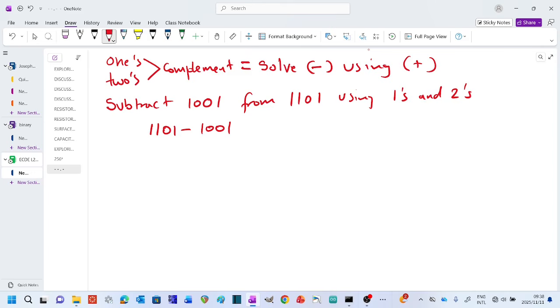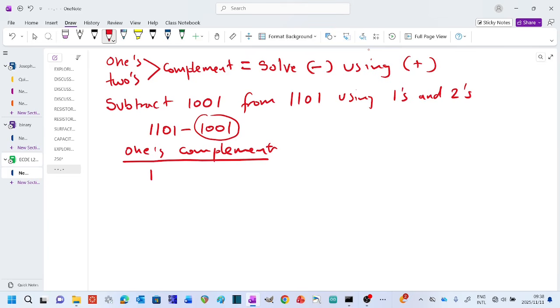If we are using 1's complement, the first step is to take the number after the minus sign and write its complement. Writing the 1's complement means writing the opposite of each digit.